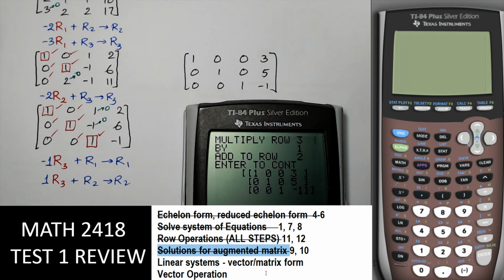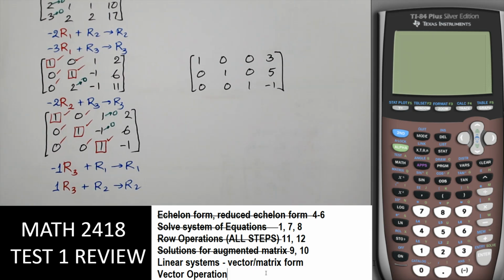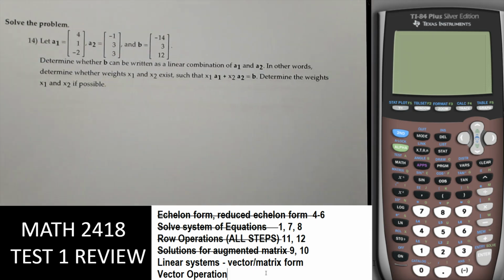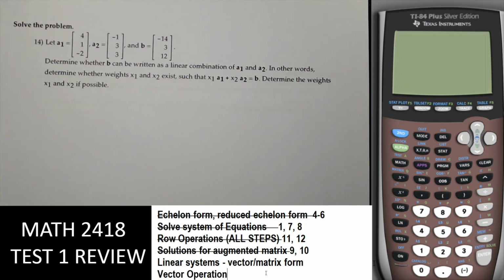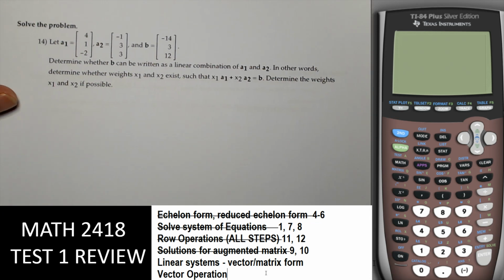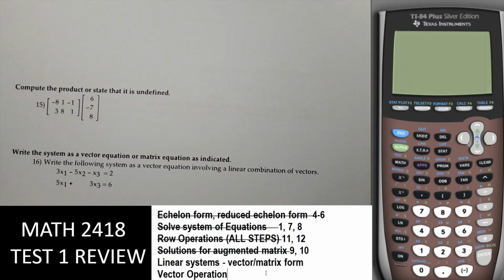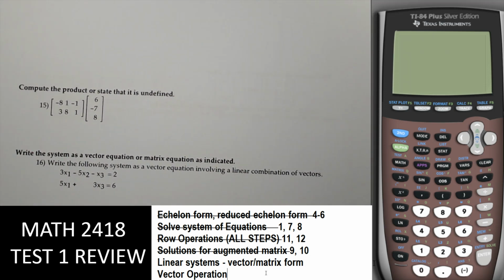Right. Next is the linear system in vector or matrix form. So that will be 16 and 17. Right.